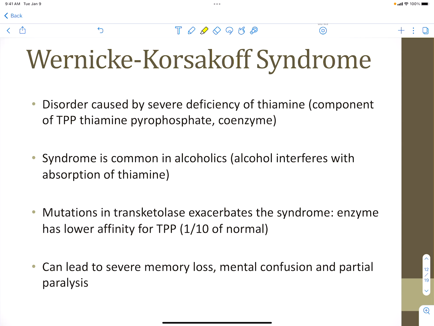Mutations of that transketolase are going to exacerbate this syndrome. The transketolase, and again, that pentose phosphate pathway, those enzymes are important when you have your degradation of your 5-carbon sugars as well. So mutations of transketolase will lower the affinity of the TPP about 1/10. And then this, of course, can lead to many symptoms, just simply because you can't metabolize your 5-carbon sugars as well.